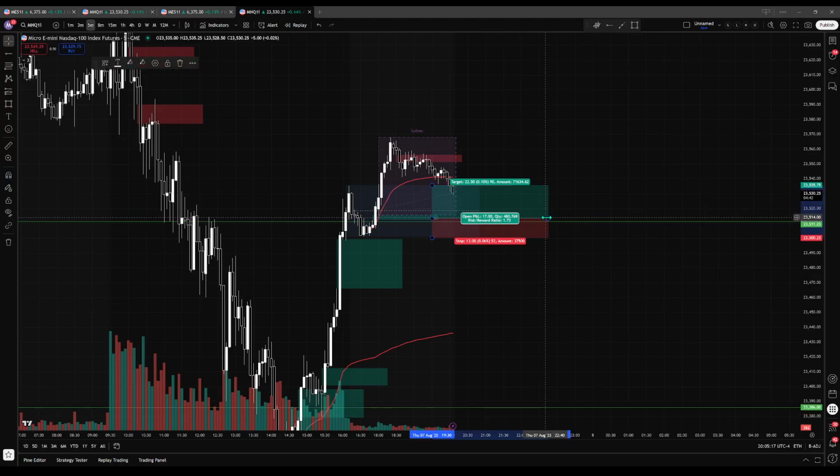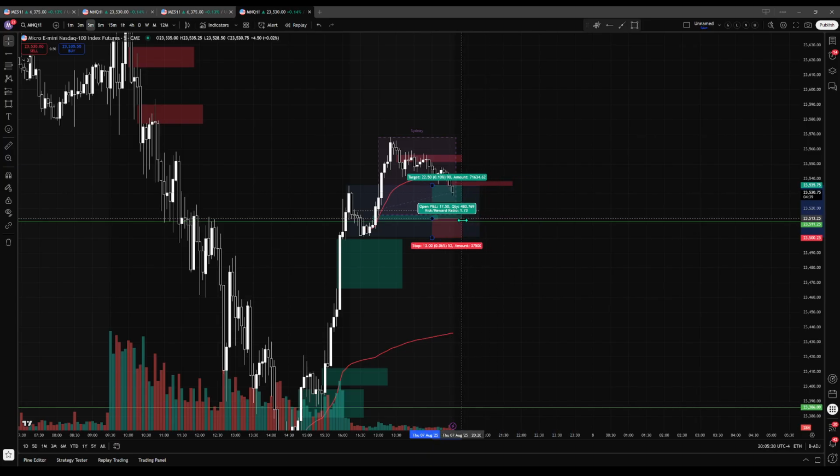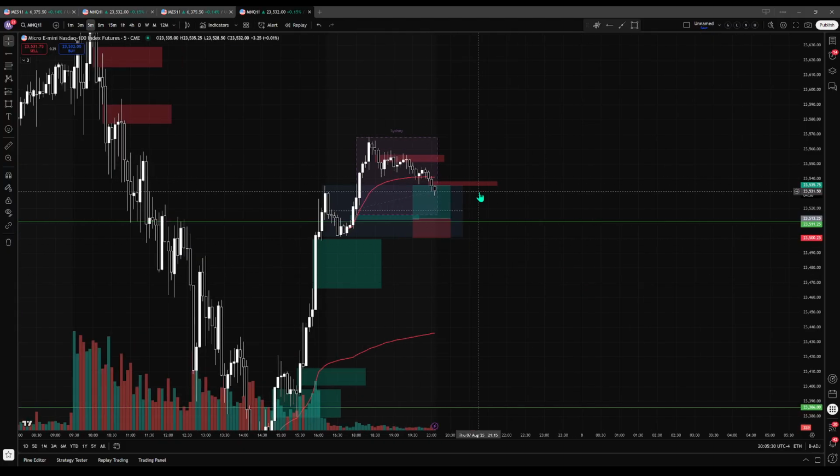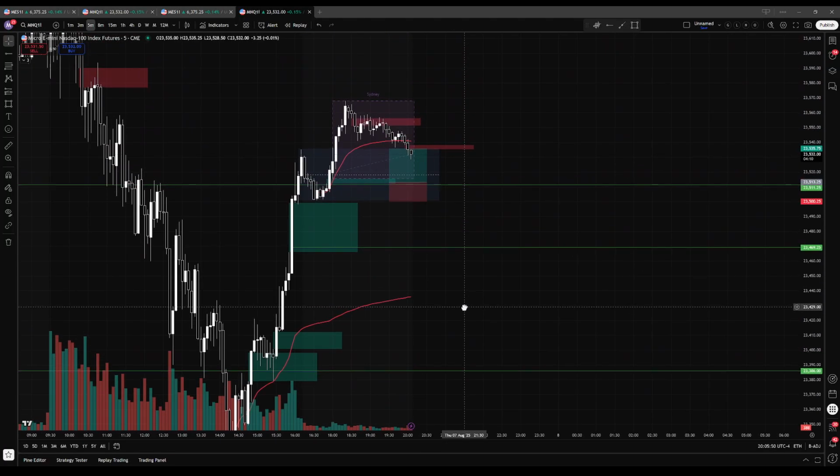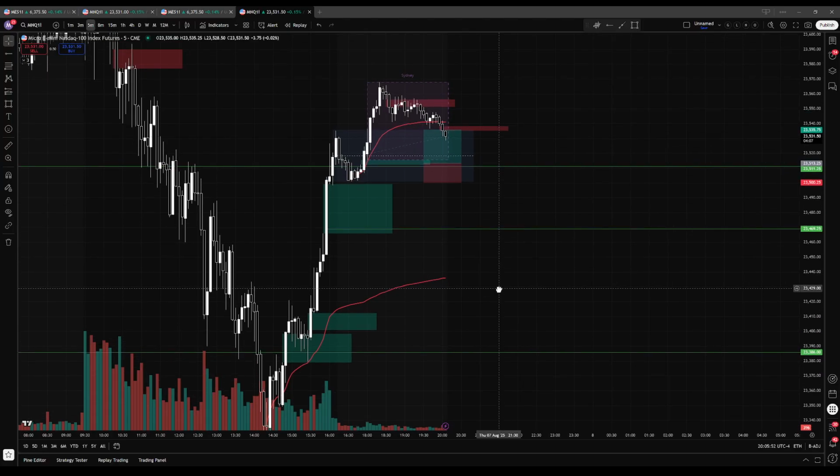So that might be the next trade that I'm looking for. And if we break through this zone, I'll be looking to take a short back in to tap into a deeper area of this bullish fair value gap. So that's kind of the plan right now.